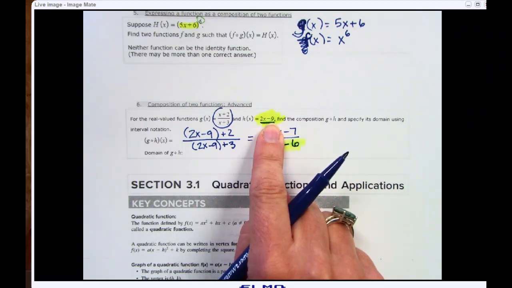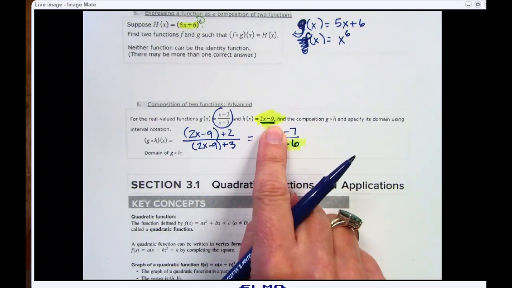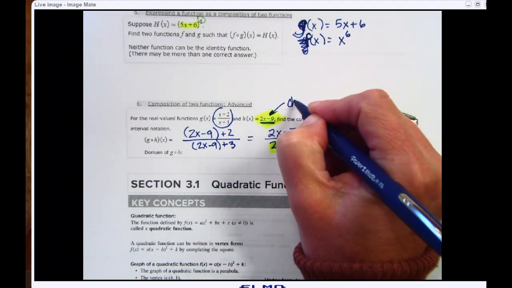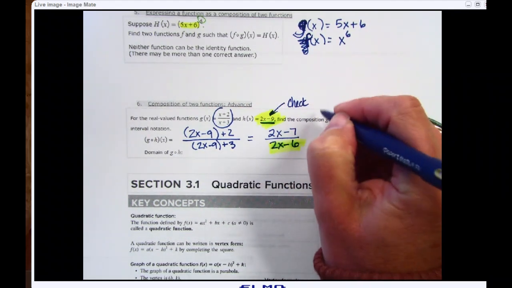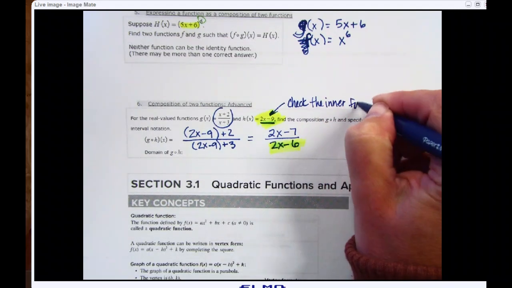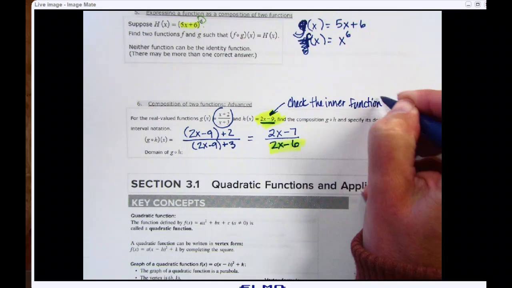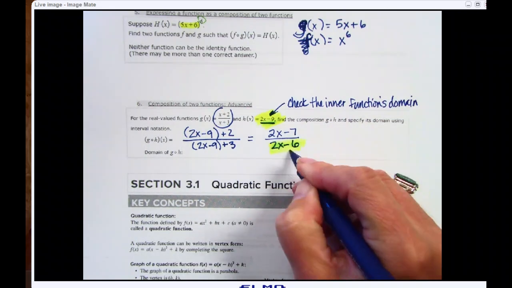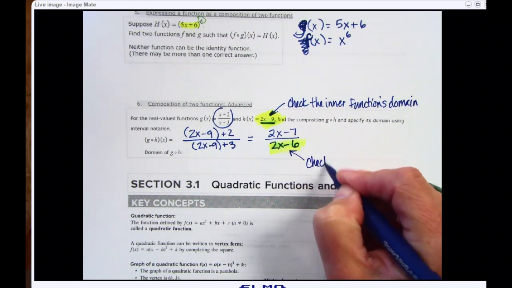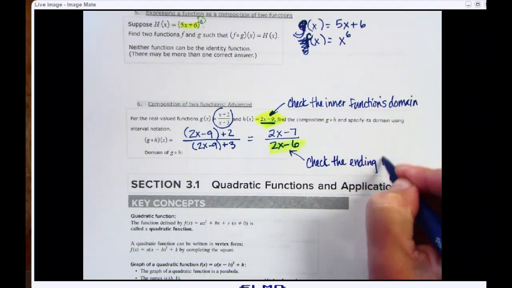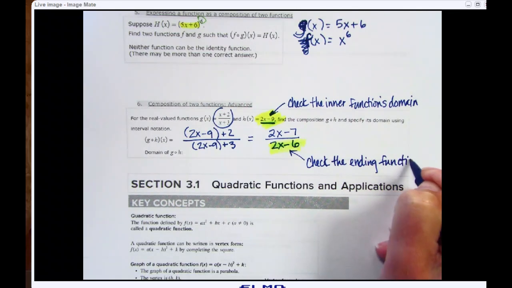I can put in any number for x and find a y value on a linear function, right? But you do, so check the inner function's domain. And then check the ending function. Two places we need to look.